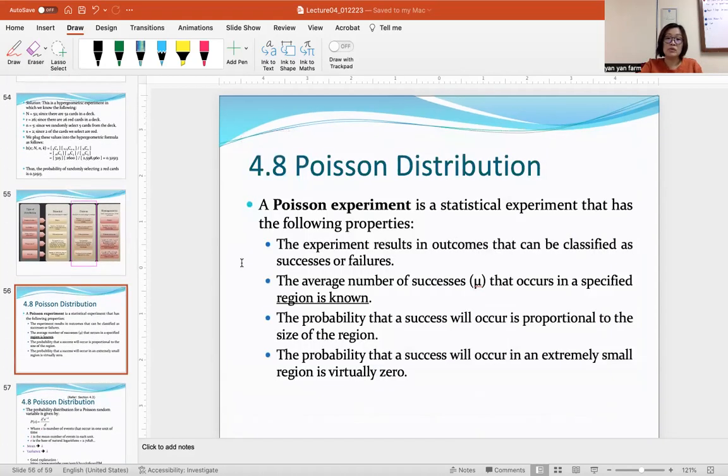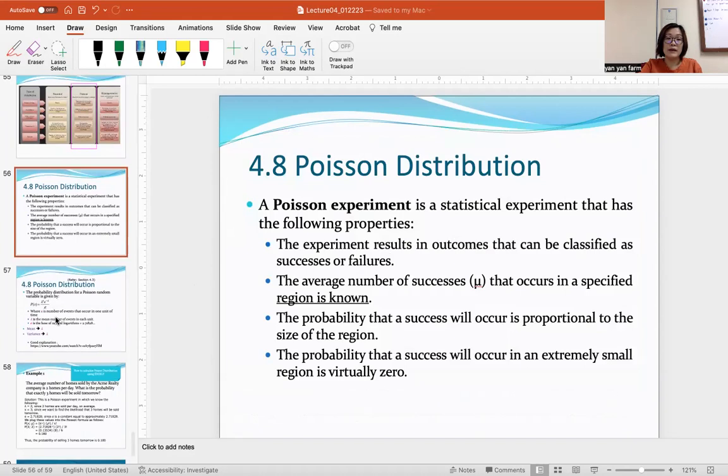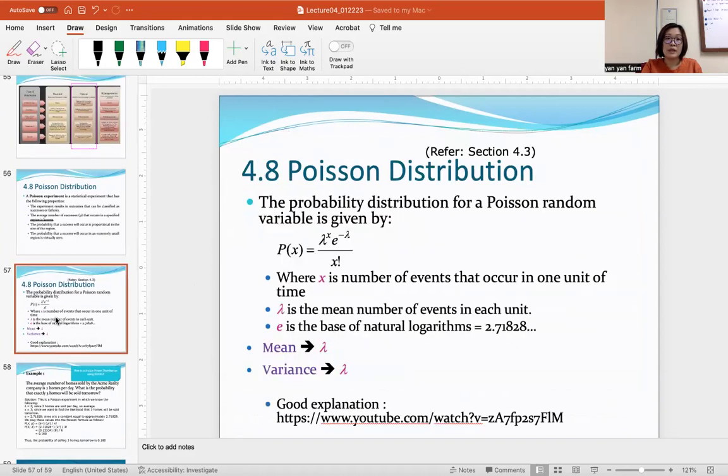Like I mentioned to you, Poisson is quite simple to use. Your mean and your variance depend on the lambda. For example, the mean number of mice your cat brings back to you in a week is 1.